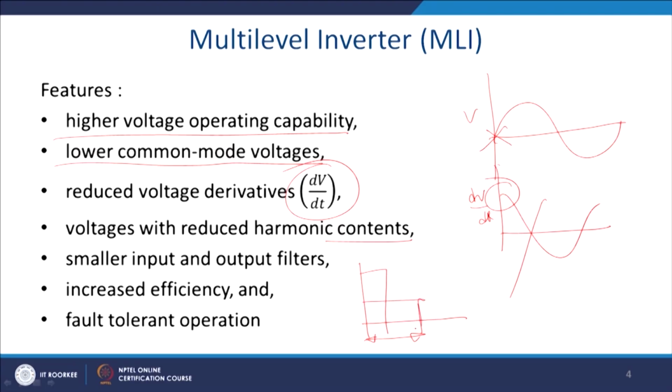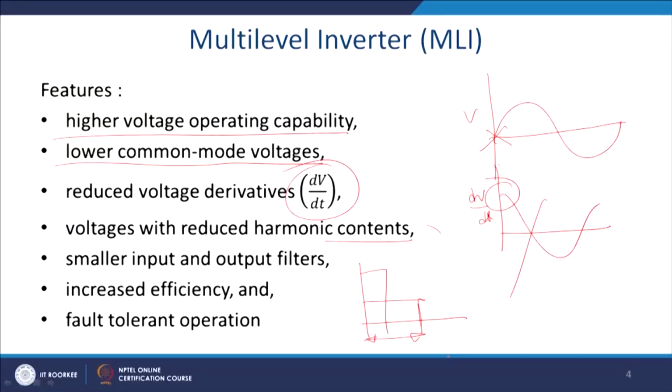Okay, it is equal and that is what the average will be, but the problem lies in that they are instantaneously not equal, and these inequalities will be filled up by the harmonics, and for this reason harmonic content will be more.